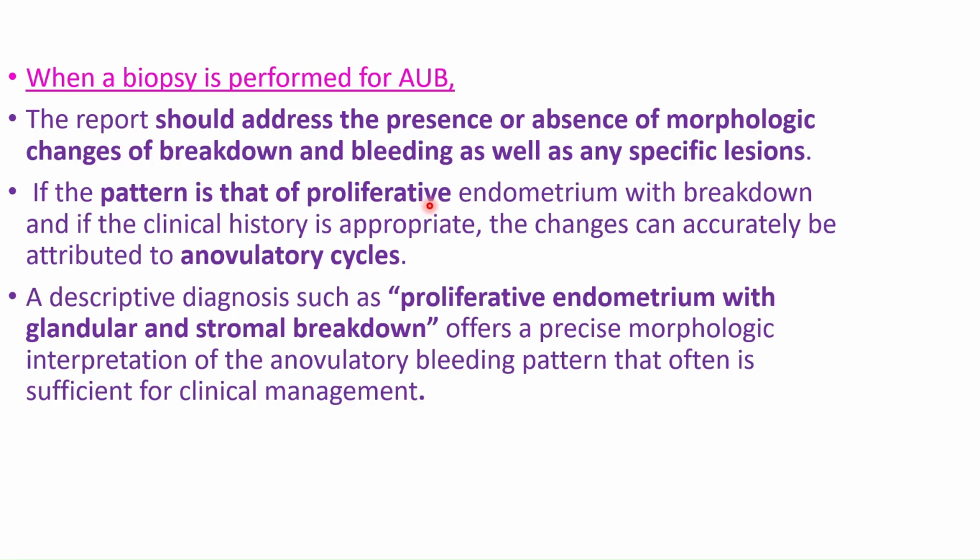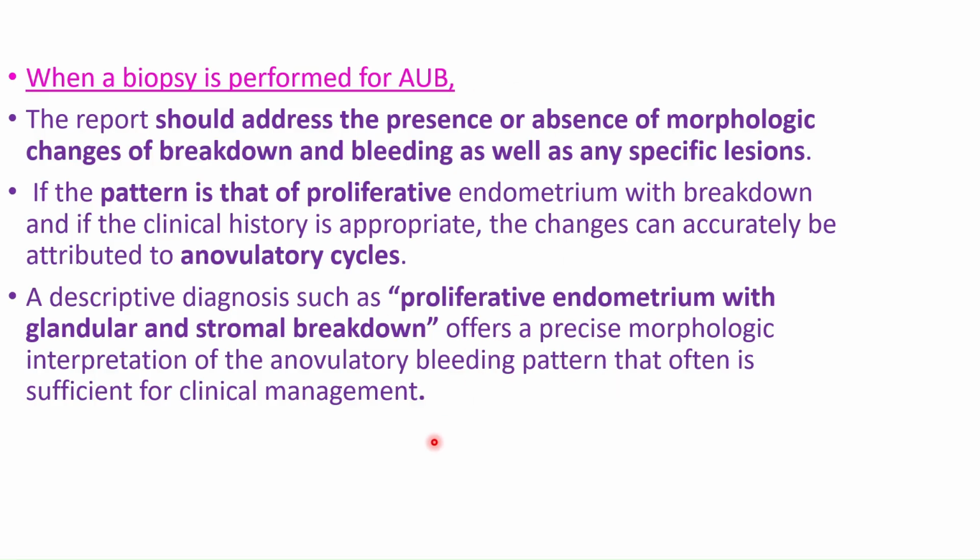If the pattern is that of proliferative, that means it is an anovulatory cycle. So a descriptive diagnosis such as proliferative endometrium with glandular and stromal breakdown offers a precise morphologic interpretation of the anovulatory bleeding pattern that often is sufficient for clinical management.